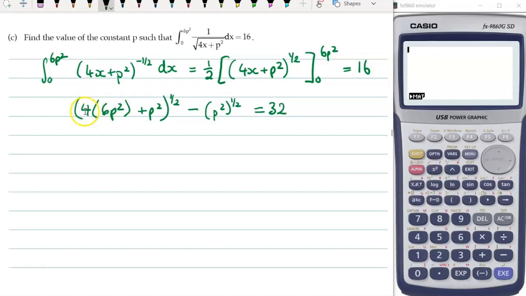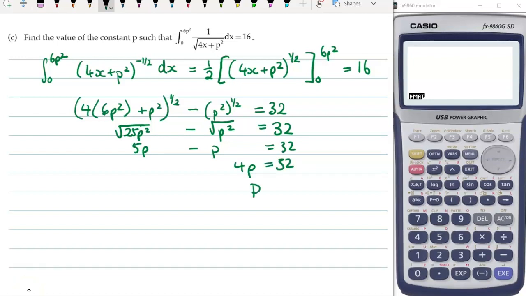Right, so if we multiply that out, that's 24p squared plus p squared, so that's 25p squared. So we're now doing the square root of 25p squared minus the square root of p squared. So if we square root that, we get 5p minus p. So 4p is 32. So p is 8.